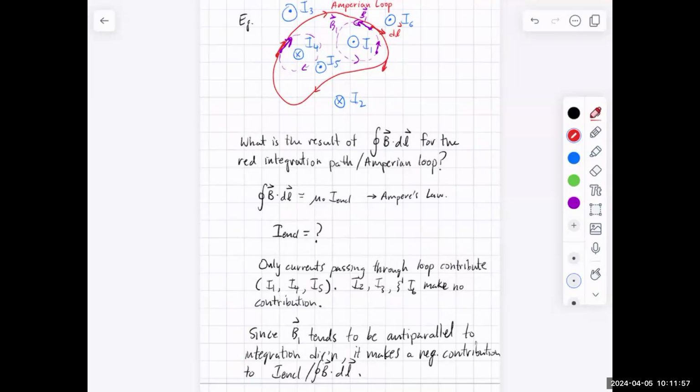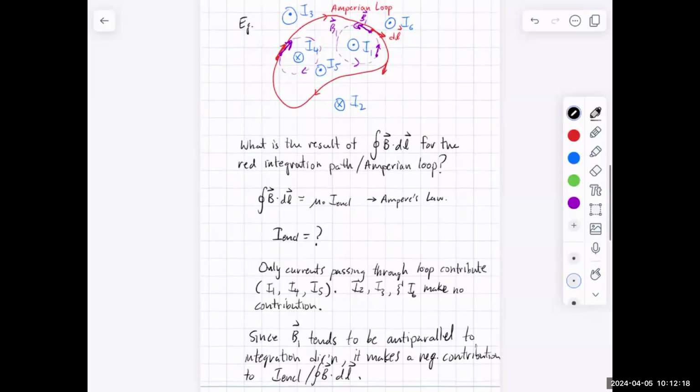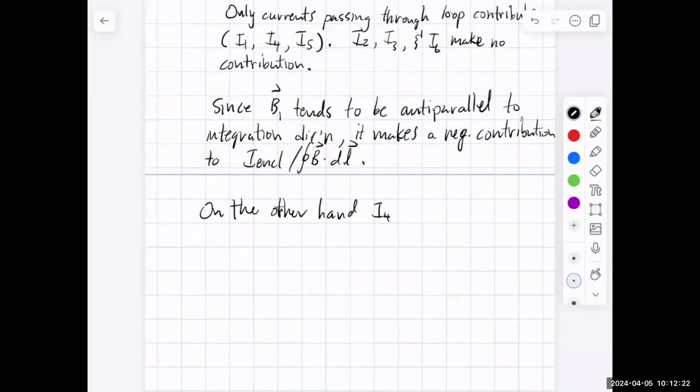Those two vectors are basically parallel. So when you evaluate the dot product, you'll get cosine of 0, which is +1. So what were those currents? I4 and I5. On the other hand, I4 and I5 make positive contributions.